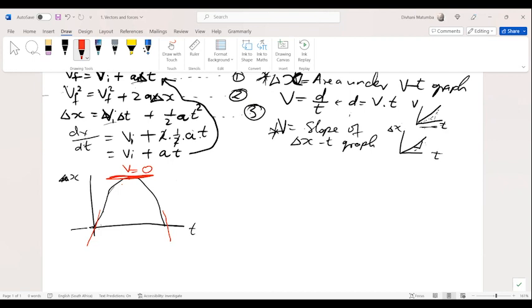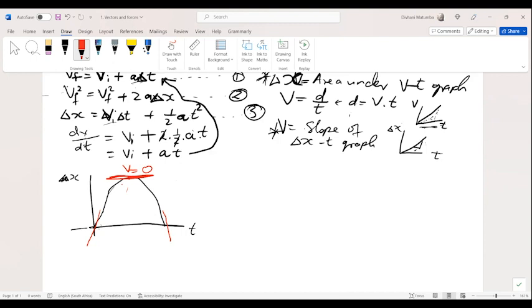If they ask you in the exam what is the velocity when the object starts turning, the velocity will be 0. And what will be the velocity just before the object hits the ground? That is the maximum velocity that you're going to get.